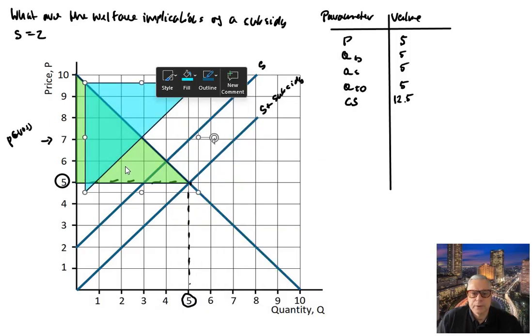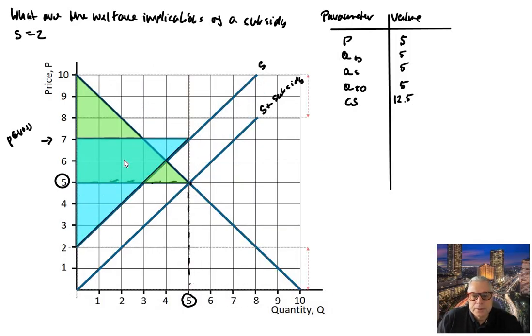Okay, so producer surplus is everything below the price that the producers get, and it's technically 7, because people pay 5, but then you get another 2 from the government as a subsidy above the true reservation price, or the true supply function, the supply function without the subsidy.